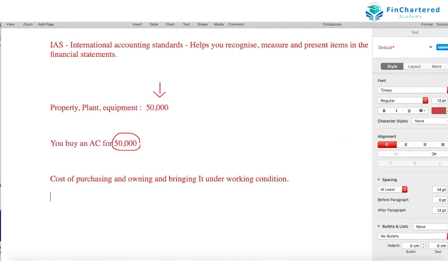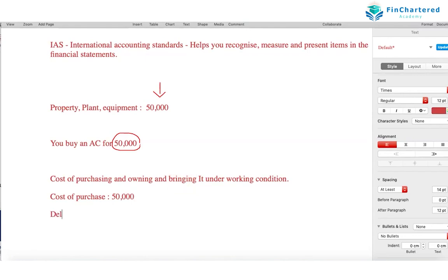For example, the cost of purchase is 50,000. You will say, yes, I have an asset worth 50,000. Suppose in order to get the AC to your house, you need to pay a delivery fee. Without paying that delivery fee, obviously you cannot bring it under working condition, because it will be sitting in the AC shop.